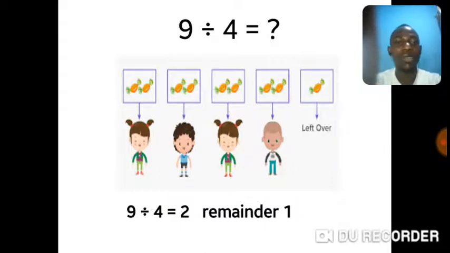And so therefore we can say 9 divided by 4 is equal to 2 remainder 1.